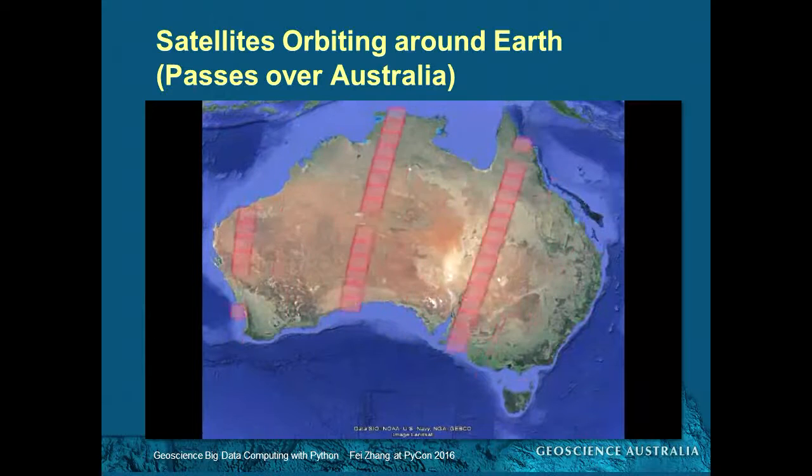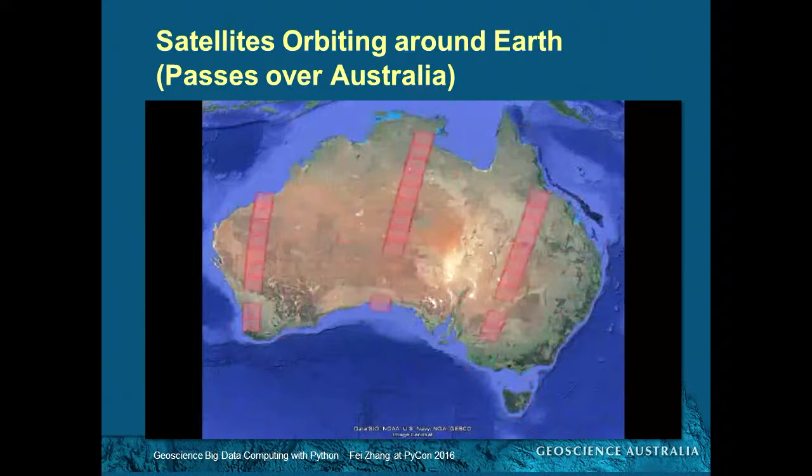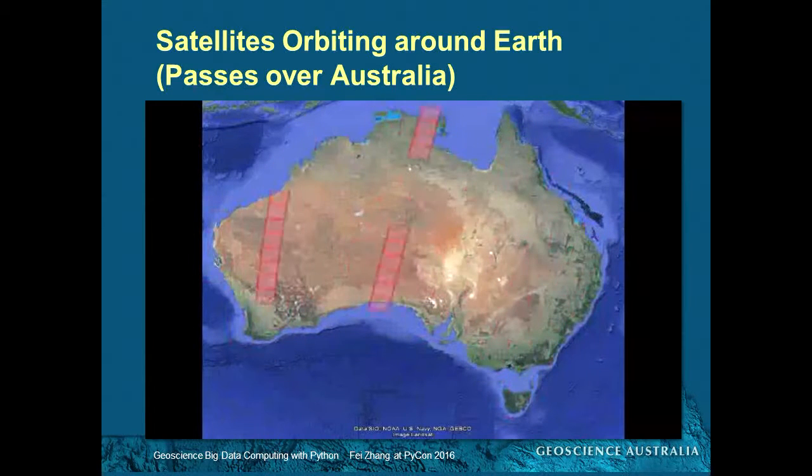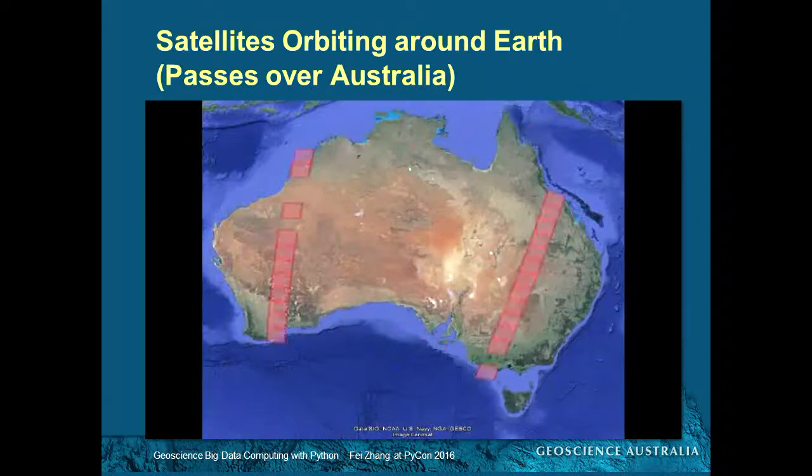This animation just shows you the satellite orbiting around Earth. When it passes Australia, it will acquire imagery, and that is the satellite imagery we are talking about. The satellite actually orbits Earth very fast.